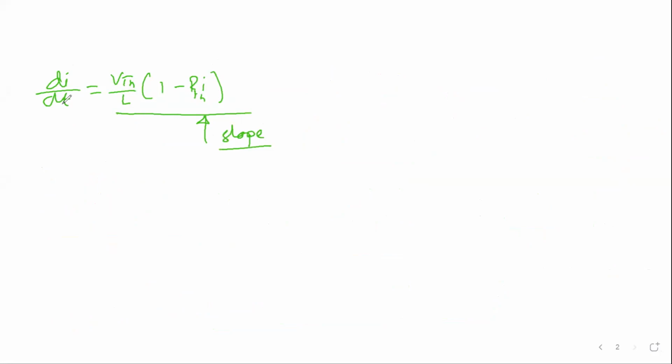We approximated that derivative by i plus 1 minus i divided by del t, equal to V_TH divided by R_TH into 1 minus... now you see that you have an i there, then what should I use?